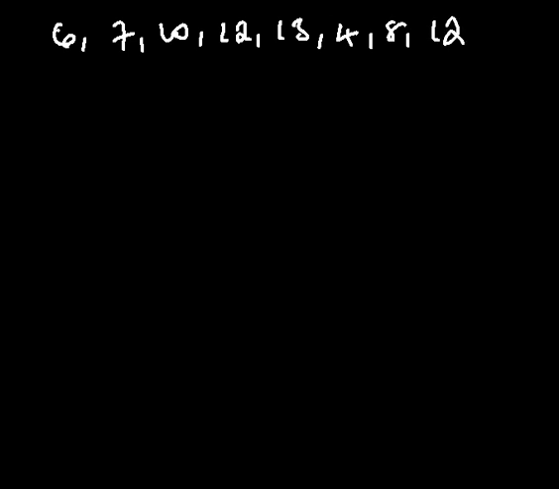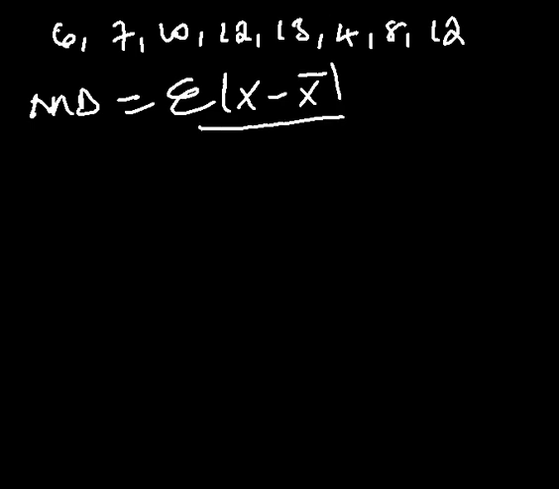We should find the mean deviation of the data. So how do you think the mean deviation will be calculated? It is the summation of the absolute values of x minus x bar, divided by the summation of the frequency, in other words, how many values are here. Now the first thing, we should calculate the mean of the data.